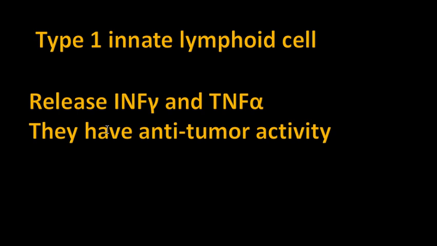Type 1 innate lymphoid cells are present in the tissue, and they release interferon gamma and tumor necrosis factor alpha, and also they have an anti-tumor activity, and they have the capacity to kill tumor cells.